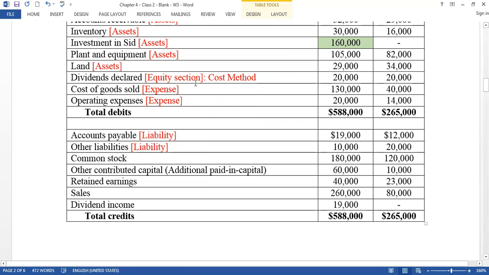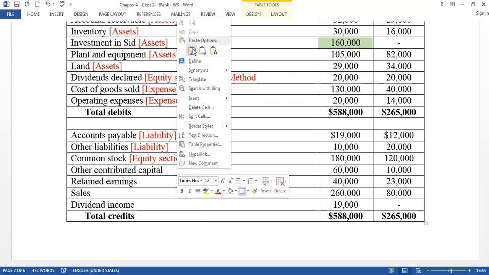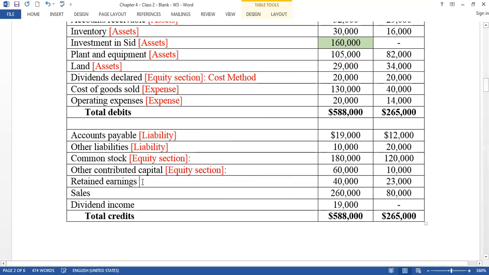Then common stock is in the equity section. Other contributed capital means other additional capital. It is in the equity section, and retained earnings are in the equity section. Then this is sales revenue.